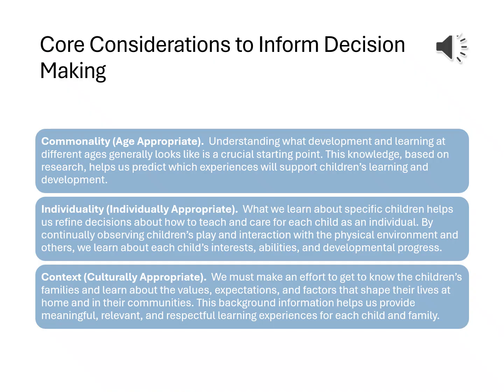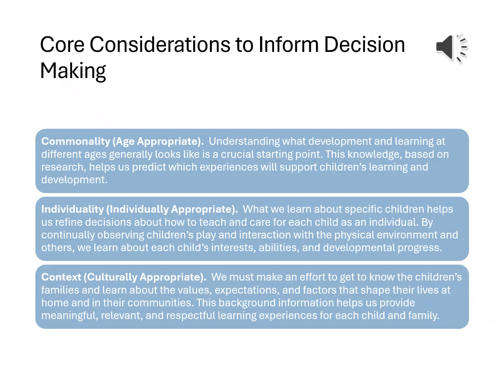The basic premise of developmentally appropriate practice is that our practice with young children should be developmentally appropriate, so it should be based on what children at particular ages are able to do. It should be individually appropriate. It should always be focused on what an individual child can do, regardless of their age, because we know that sometimes a 3-year-old can't necessarily do 3-year-old things, or sometimes a 3-year-old is able to do 5-year-old things.